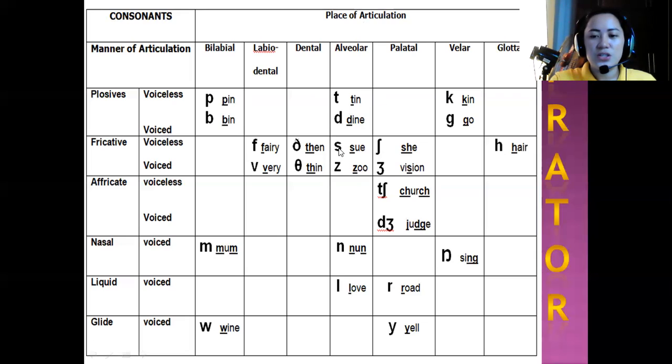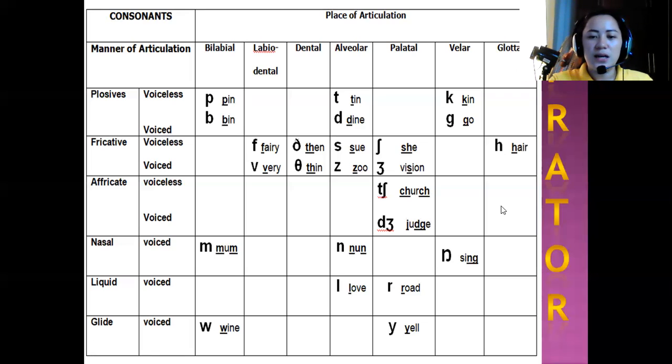For the voiceless we have s, and we have the voiced z. This one is for the word sue and this one is for the word zoo. You will still notice that your alveolar ridge is being touched by the tip of your tongue.